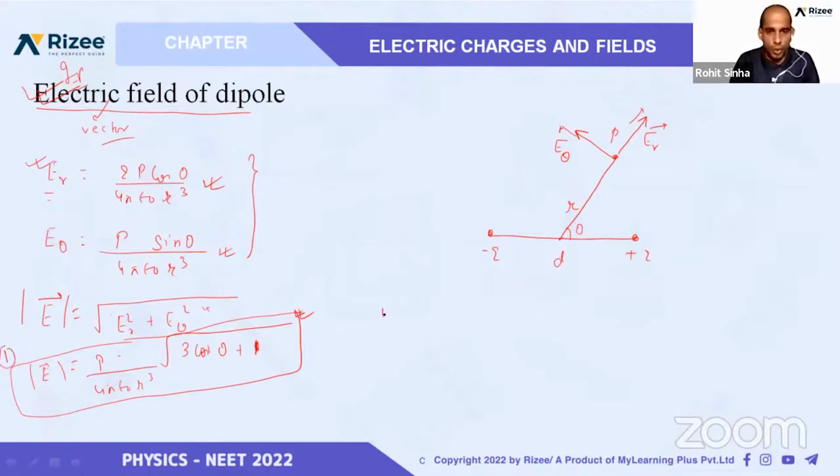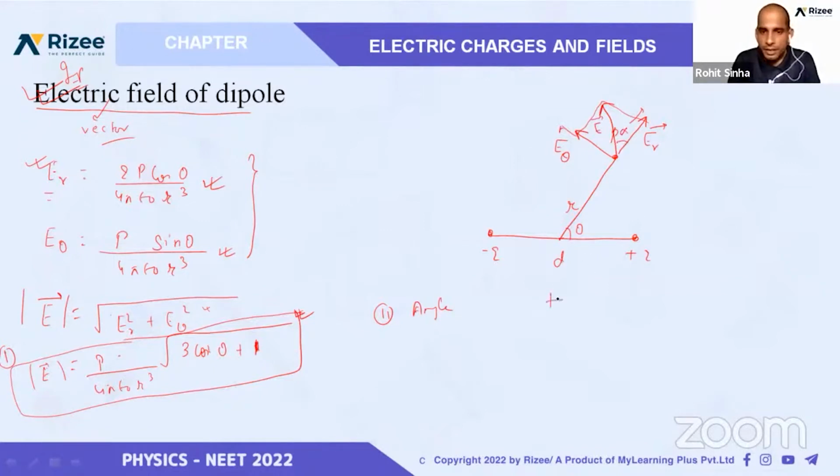Second, because it is a vector quantity, we have to find the angle. Let us suppose these two vectors add up together and give the net electric field in this direction. This E is the E we have found here. Let us suppose this angle is alpha.